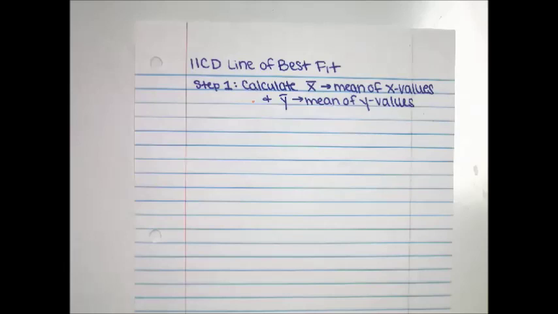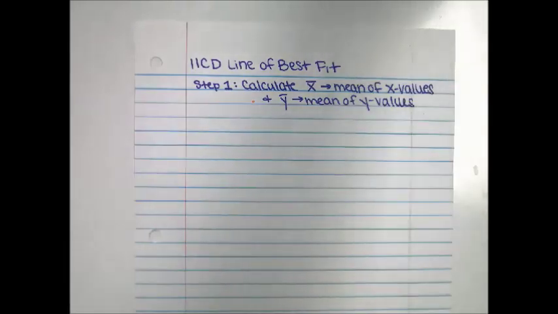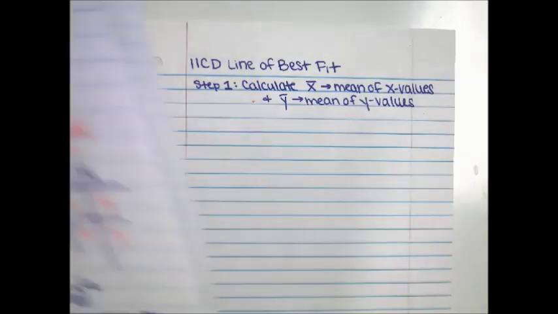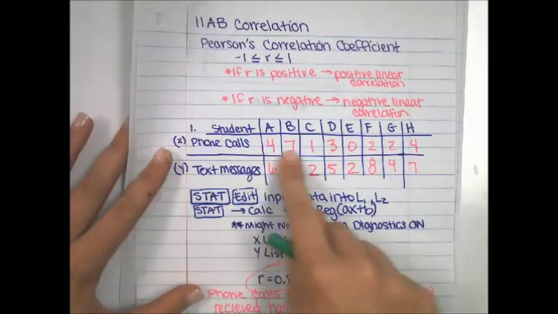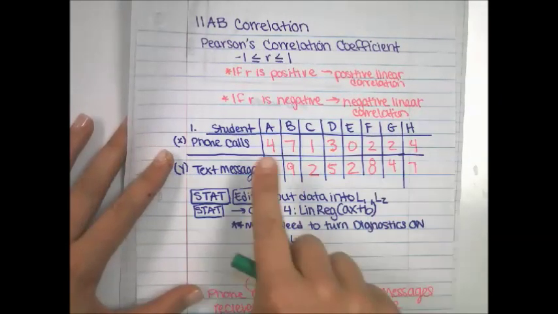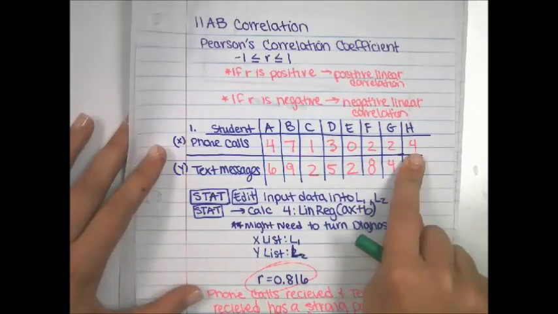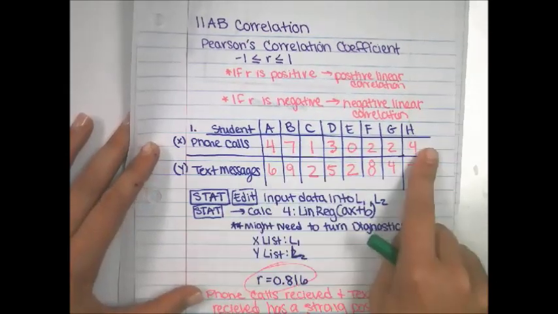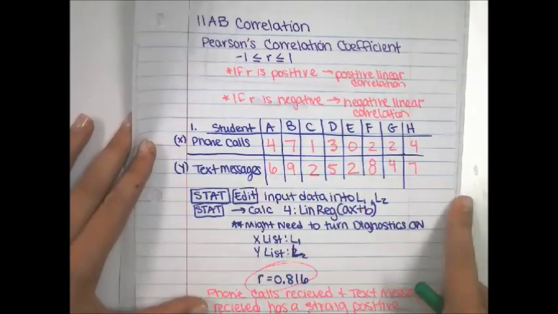I'm going to do this with the example problem we worked with last time, the phone calls and text messages. Here's my data. We can calculate the mean of the x values pretty quickly by adding them up and dividing by 8, because there are 8 students. Then we do the y values by adding them all up and dividing by 8.